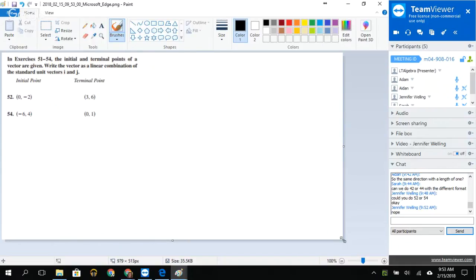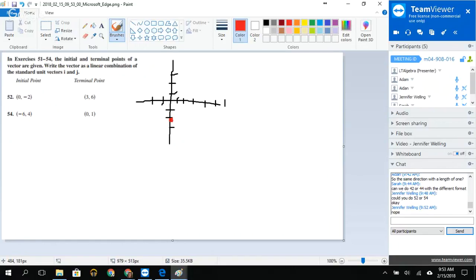All right, so for 52, just to kind of draw a quick, lovely graph here. It's a lovely graph we got. Okay, so our initial point is at 0, -2, down here, right?